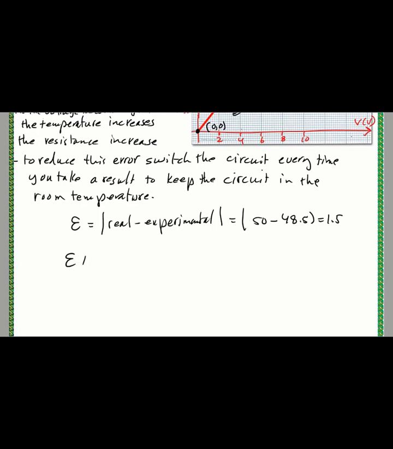Now the percentage error is E over real times 100%. 1.5 divided by the real times 100%. The answer is, I think, 3%. So it's a very small error.